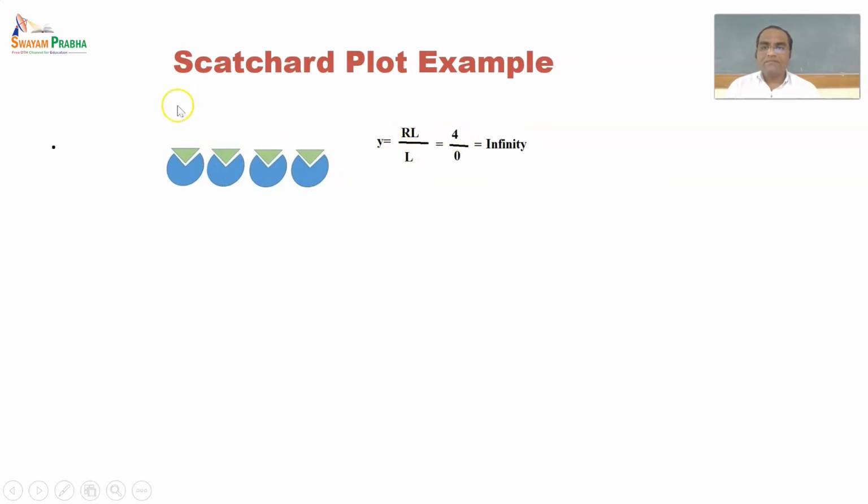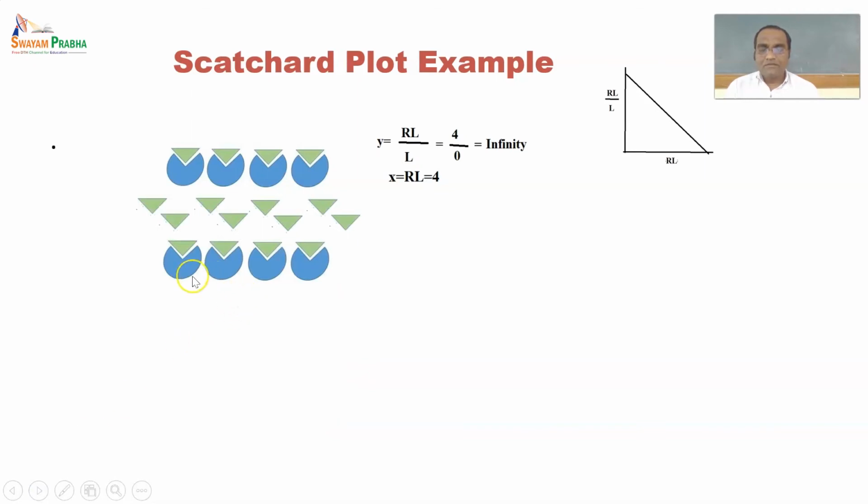Now there is no extra ligand present here, so the value of free L is 0, and the value for Y will be infinity. The value of X on the x-axis will be 4 again. So it will intercept at RL equal to 4. We'll see some more examples so we can conclude.